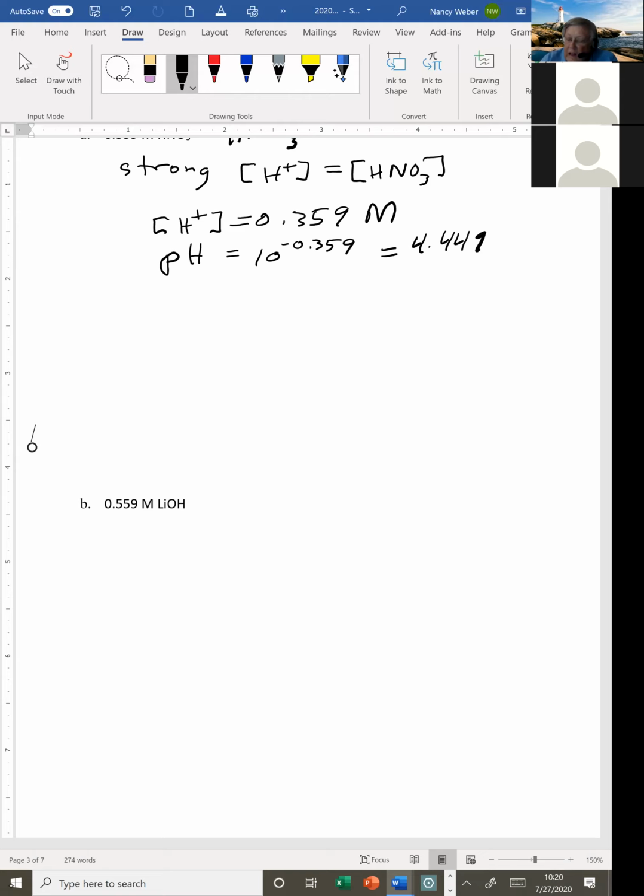4.49. Now, technically, I should have 3 significant figures to the right of the decimal point. The reason is 0.359 has 3 significant figures.